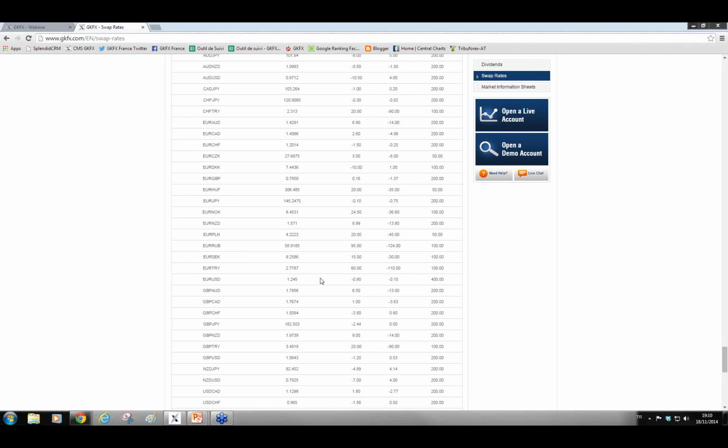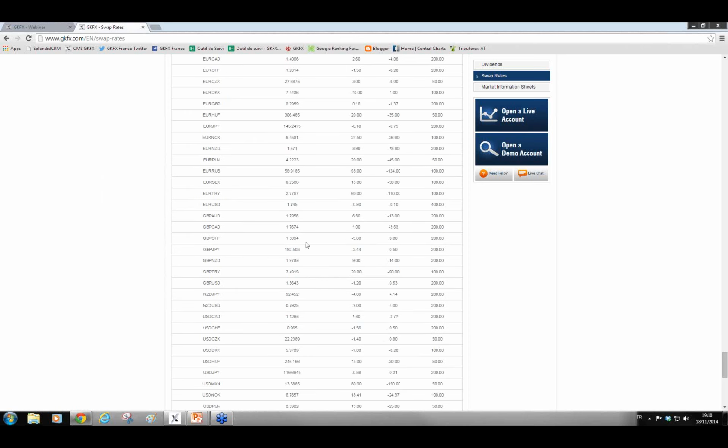Another example with USD Rand. Here you can see the swap is positive. If you sell USD ZAR, you can profit from a swap of 100 rands. Another example with USD Turkish Lira, but this time it's less interesting than Euro Turkish Lira. It's only 45 Turkish Lira.